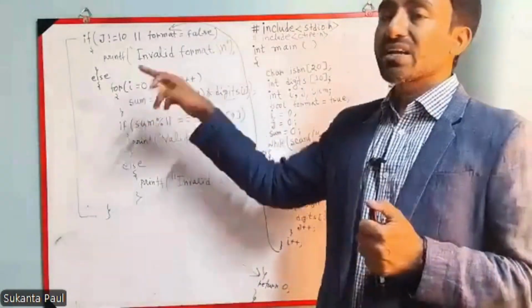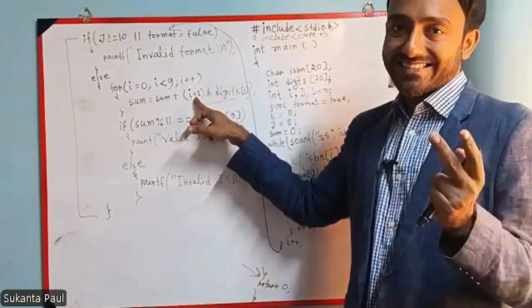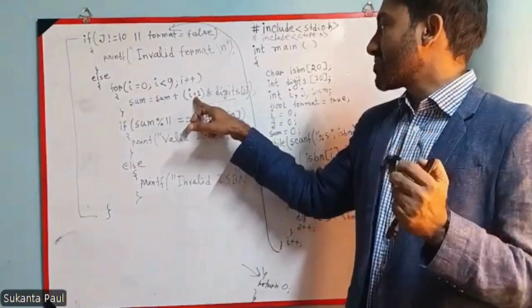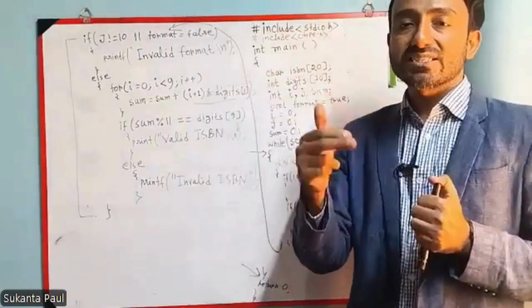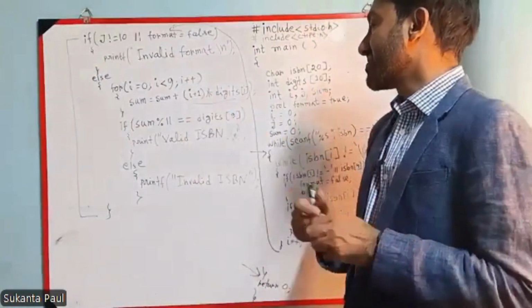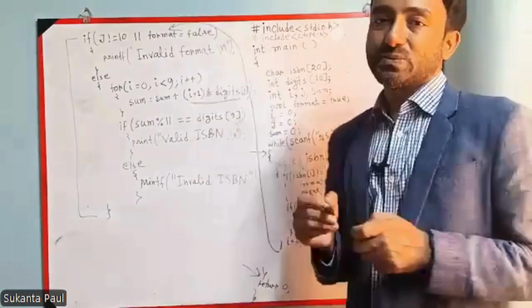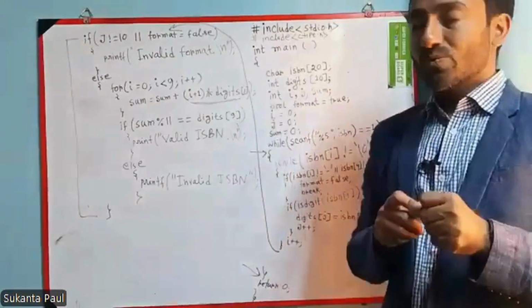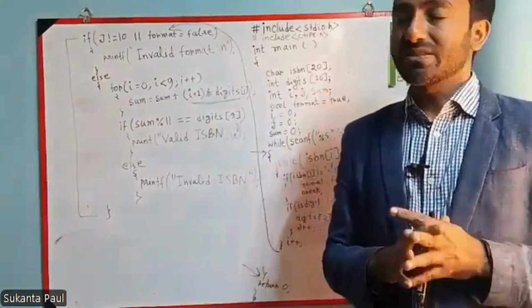For the second digit, while i equals 1, the value of i plus 1 will be 2, so the second digit will be multiplied by 2. The third digit will be multiplied by 3. So we write (i plus 1) into digits[i]. Then we add the value to sum.